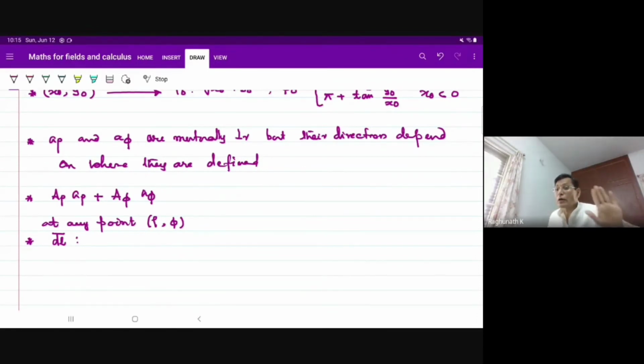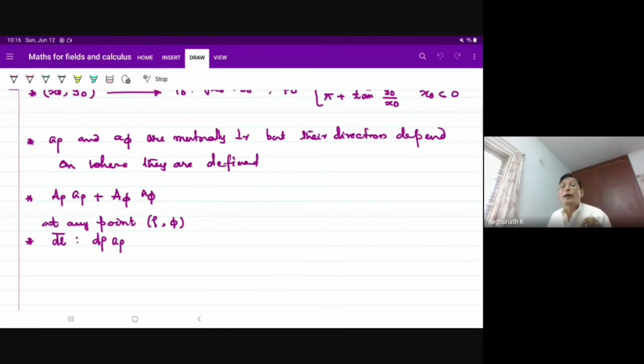Here also, going the same way, at any rho comma phi, rho is incremented by d rho. Definitely in the direction of a rho, because of which it is d rho a rho.